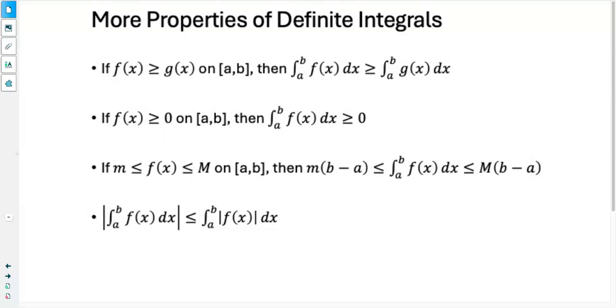Now, if f of x is between two values, small m and capital M, on a to b, then m times b minus a is less than or equal to the integral from a to b of f of x, which is less than or equal to capital M times b minus a.